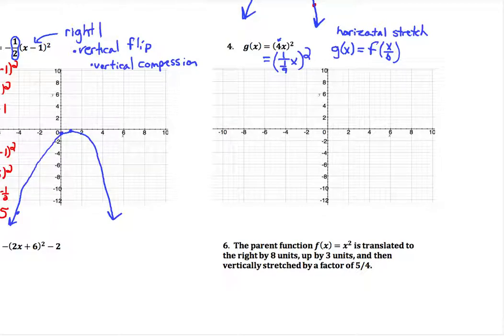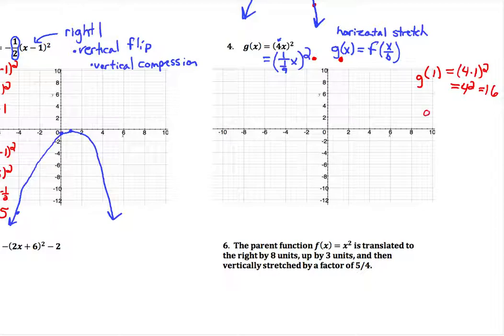Maybe we could see that by just plotting a couple points like we've done on some other examples. Let's just go ahead and plug a couple values in. For instance, let's plug in 1. If we plug in 1, then we're going to have 4 times 1, squared. Well, that's going to be 4 squared, which is going to be 16. So at 1, we're already way up at 16. Same thing for negative 1.